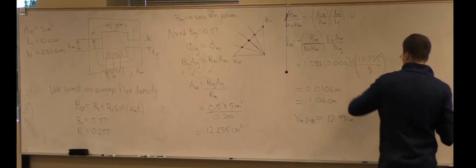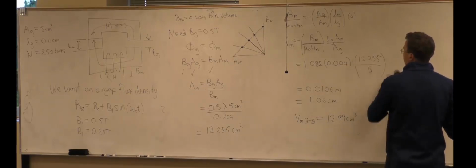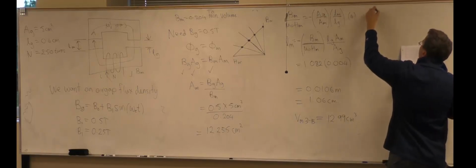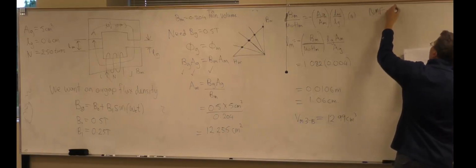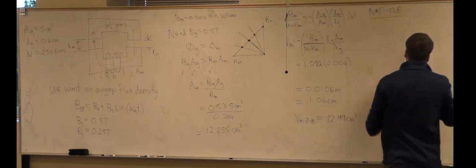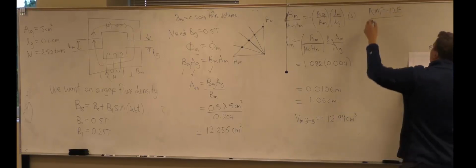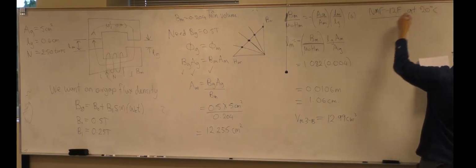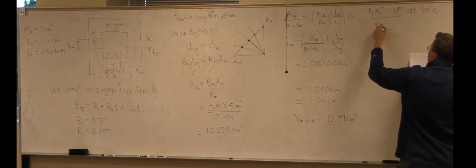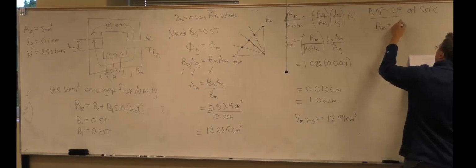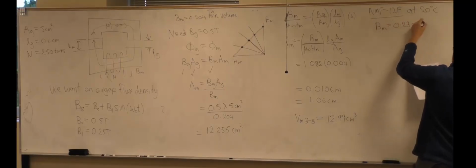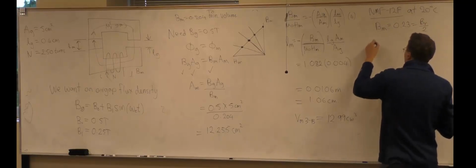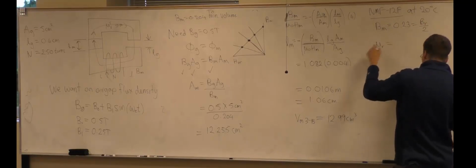Okay, so we can do the same thing for the other grade of magnet material. I'll just run over that briefly. So for the NMF 12F, we want to be at 20 degrees. The BM should be selected to be 0.23. That's BR divided by 2. Then we can get the mu r.